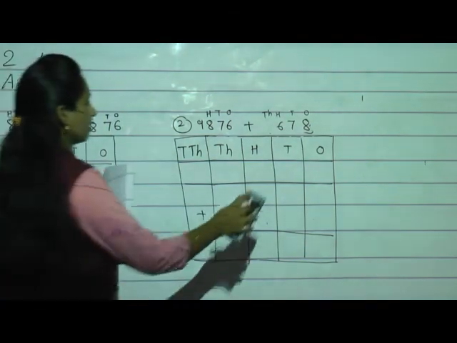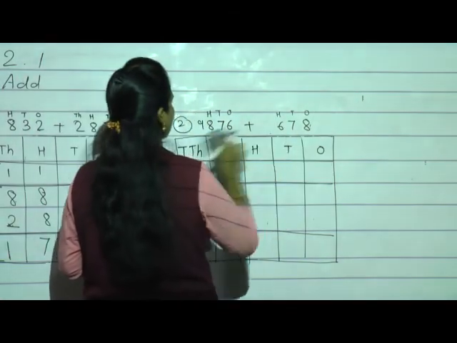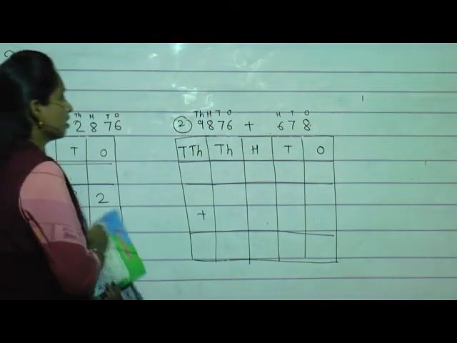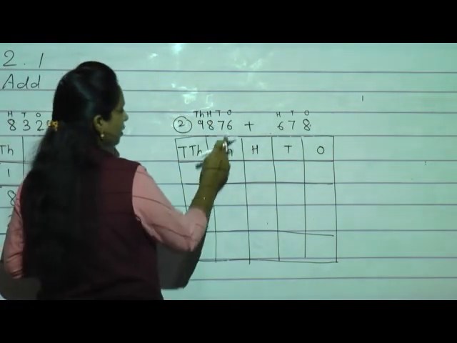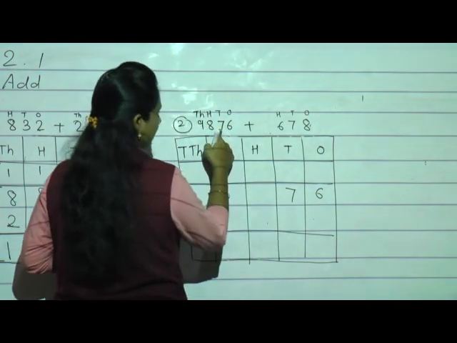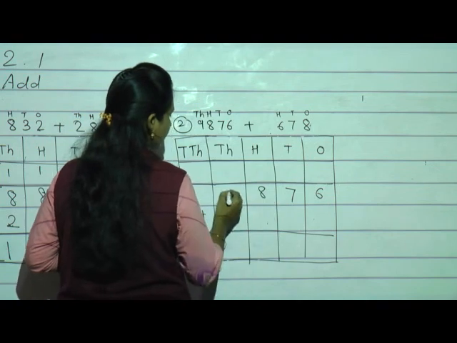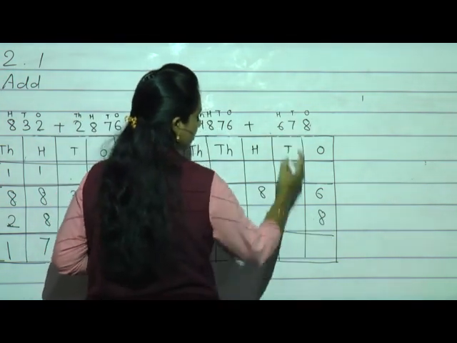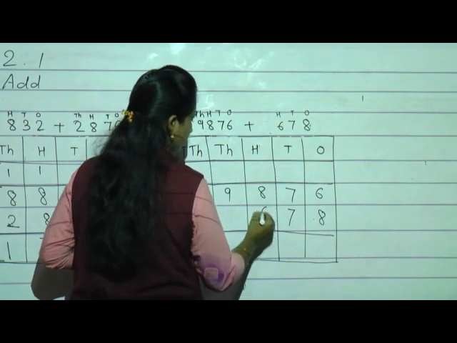Here the 10,000s place is there, so I will place these numbers in the place value chart. 6 on ones place, 7 on tens place, 8 on hundreds place, 9 on thousands place. And ones place 8, tens place 7, hundreds place 6.